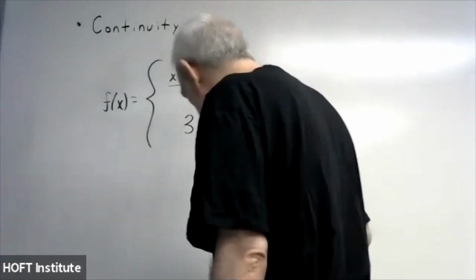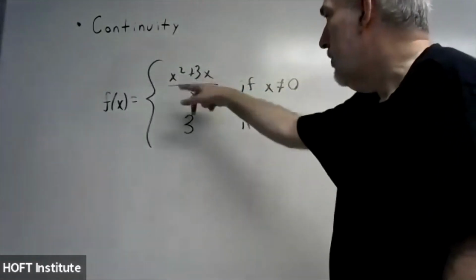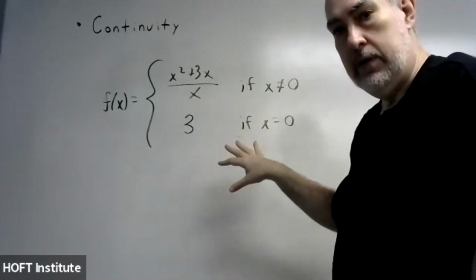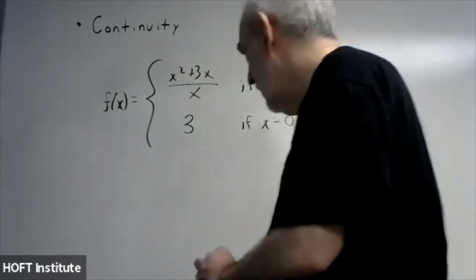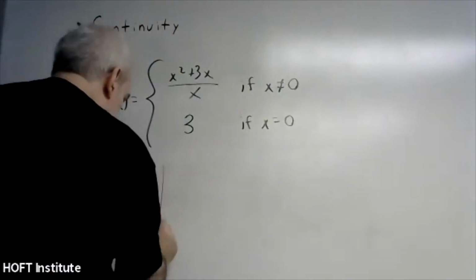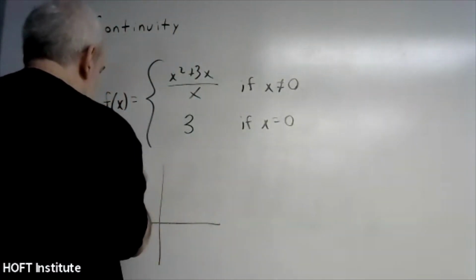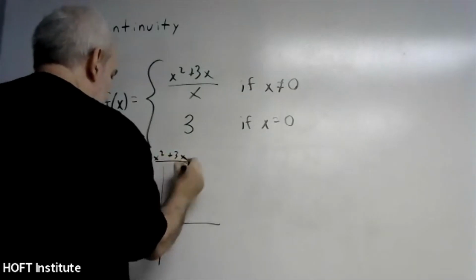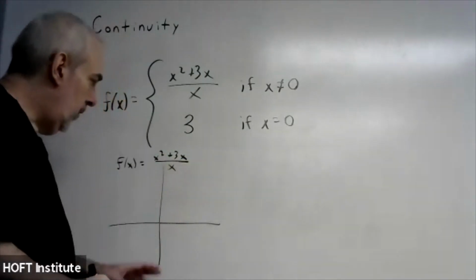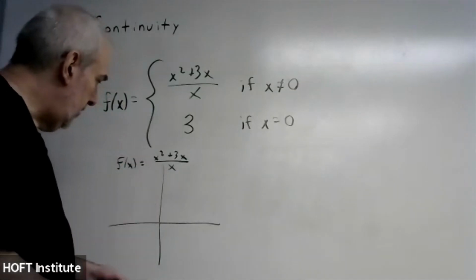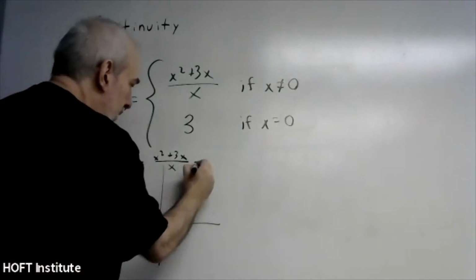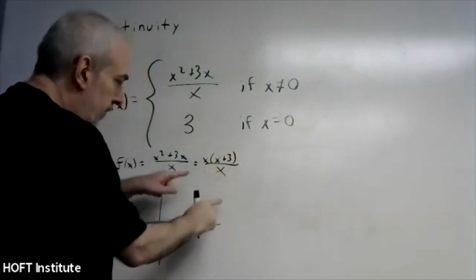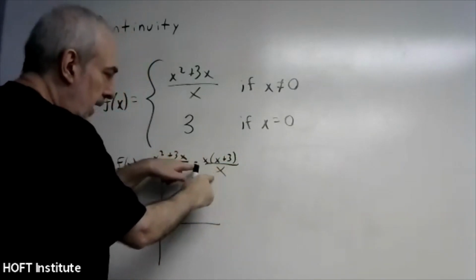Maybe before we continue, let's look at the original graph and this new graph to see what happened between those two. Okay, so if we were to look at a graph of the original function, (x squared plus 3x) over x, we know it's undefined at 0, and anywhere where it's not 0, these would be equal in value, and so they would cancel.